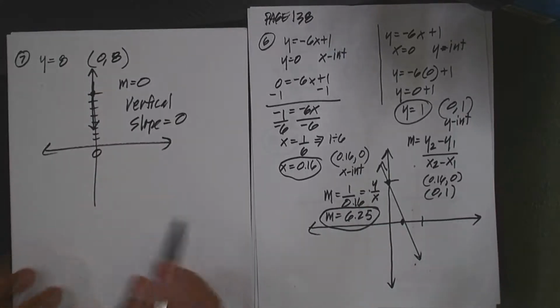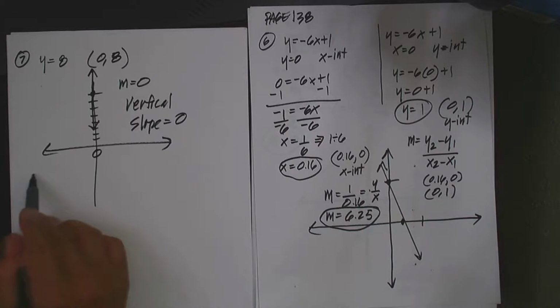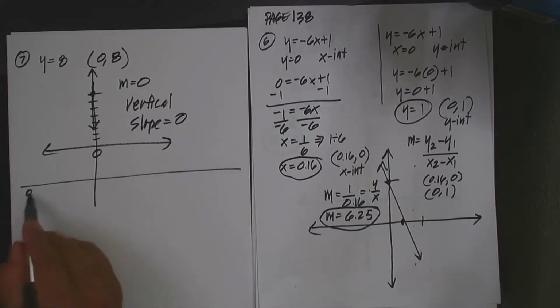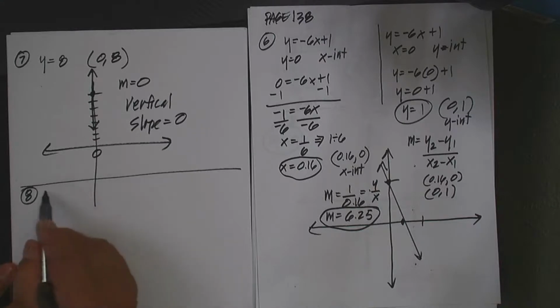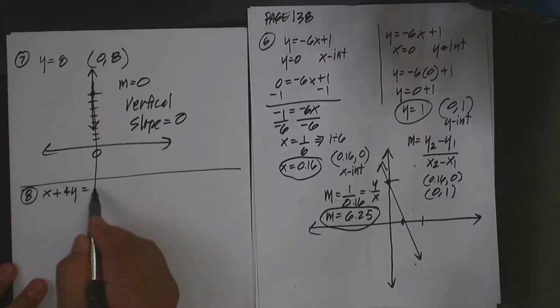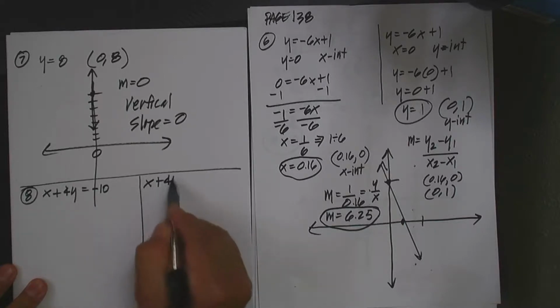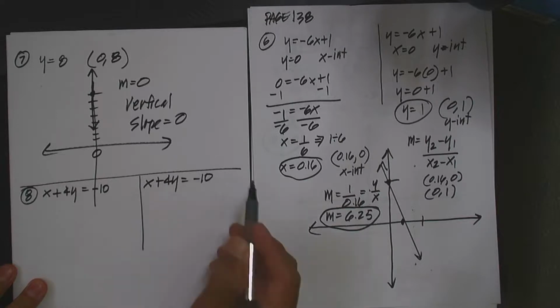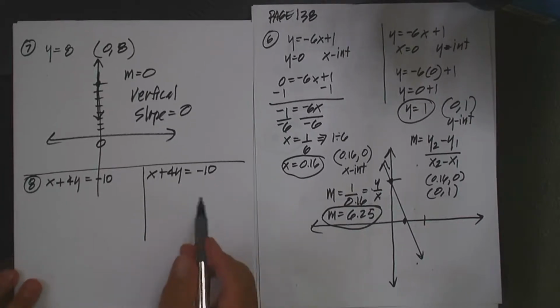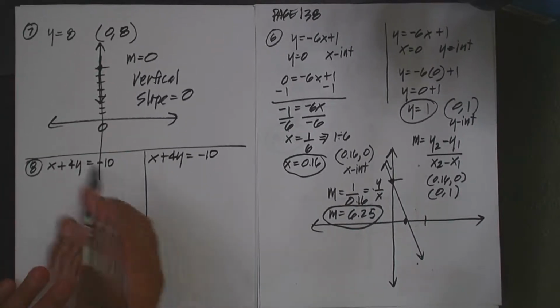Okay, number 8. Number 8, you have here x plus 4y is equals to negative 10. Again, you have to find your y and x intercept.